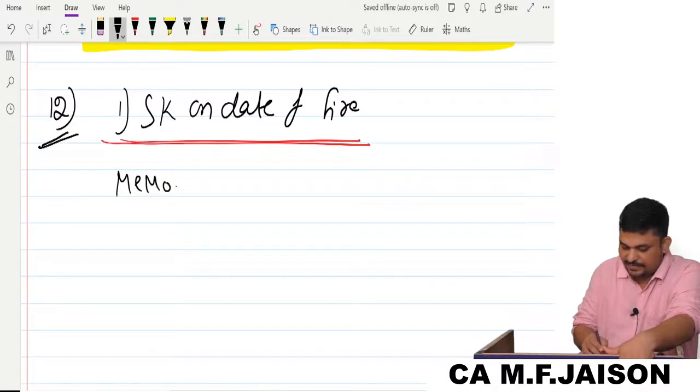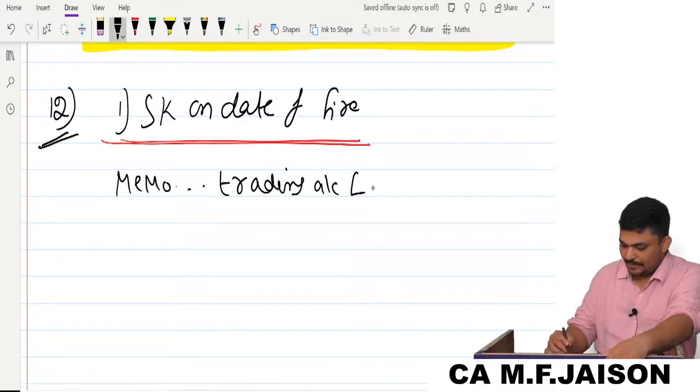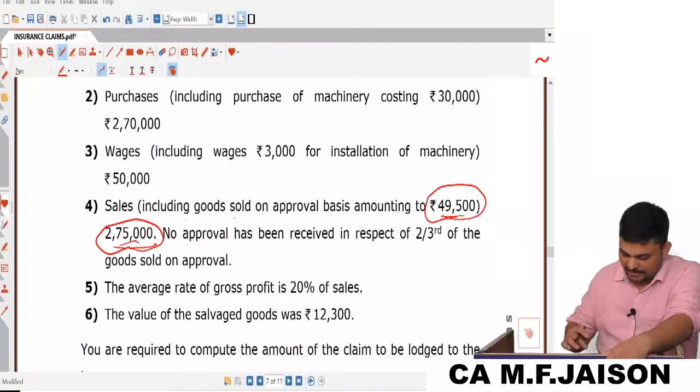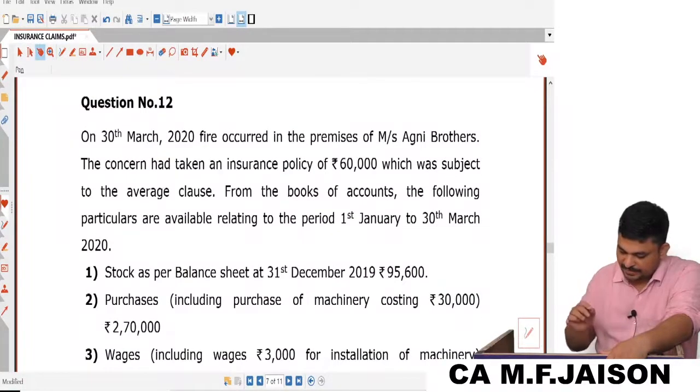We take the memorandum trading account. As far as the memorandum trading account, it was actually 30th March, so 1st Jan to 30th March.